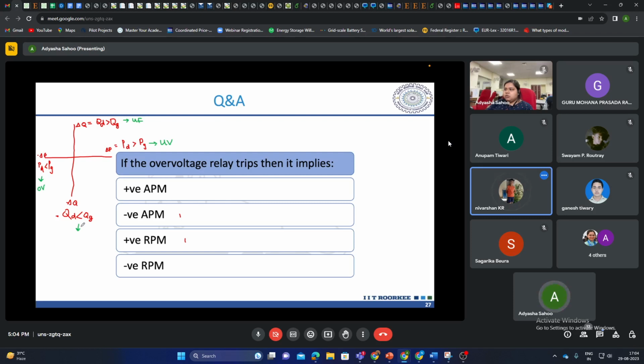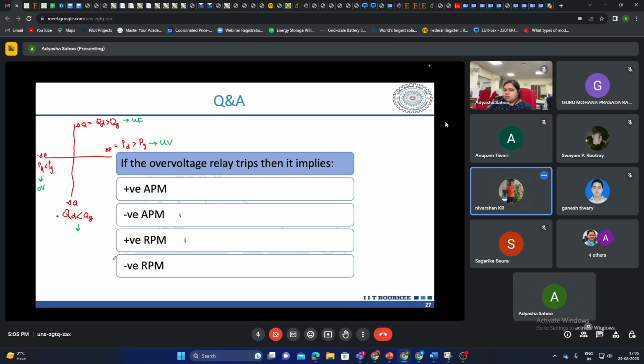If someone wants to speak. Madam, if PD is greater than PG, then frequency will come there, not voltage. We'll discuss that. Someone else was answering, Nivarshan KR.